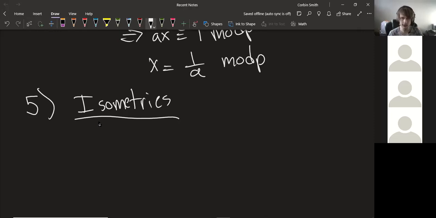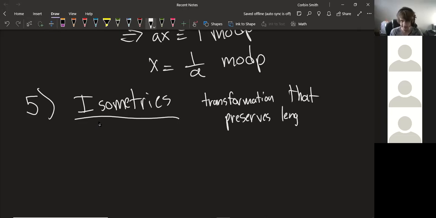So an isometry is a transformation that preserves lengths. So for instance, the do nothing transformation. This is our identity.